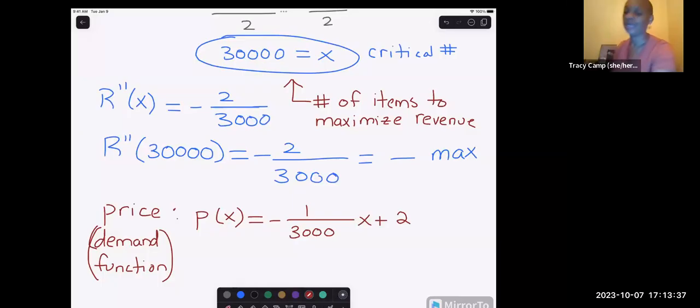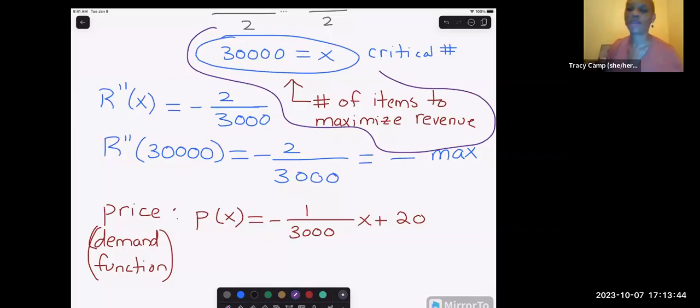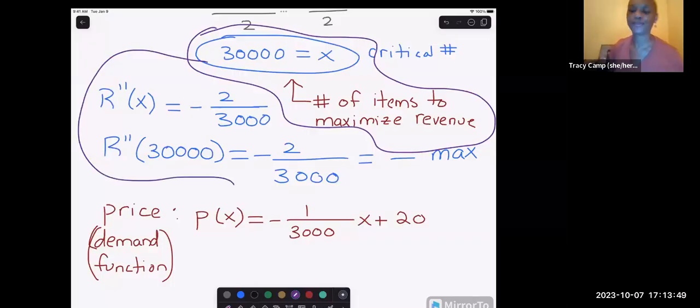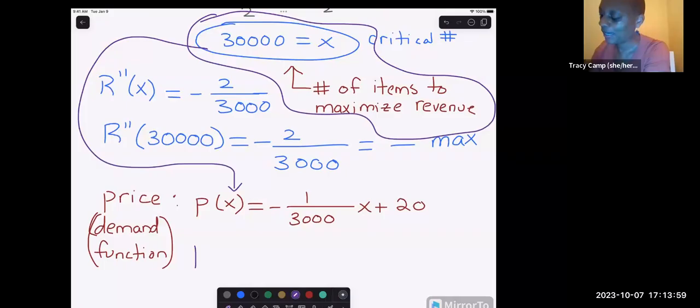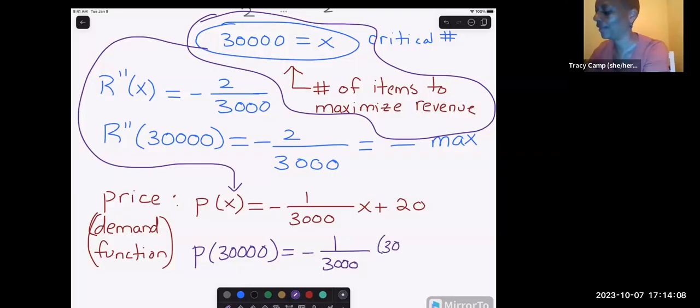And so our job, since we found the number of items that we need to sell to maximize our revenue, now, in order to find out the price that we need to sell those items for in order to be able to actually sell that number of items, is to plug that 30,000 in for x. So I'll have P of 30,000 equals negative 1 over 3,000, I love these numbers this time, times 30,000 plus 20.